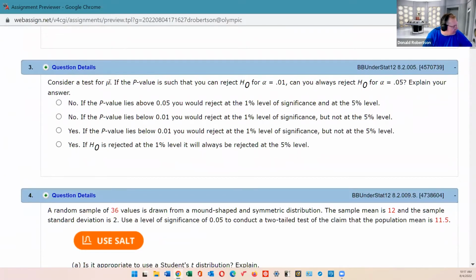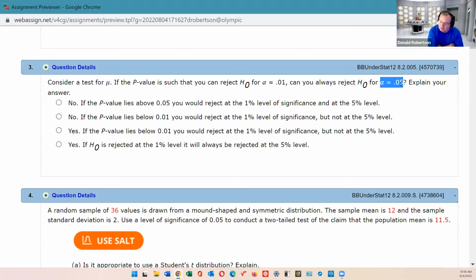Consider a test for the mean mu. If the p-value is such that we reject H0 at that level, can we assume that we'll also reject it at that level? So we got a p-value and we got evidence, right? We rejected the null hypothesis when it was 0.01. Does that mean we could reject it at the 0.05 level as well?